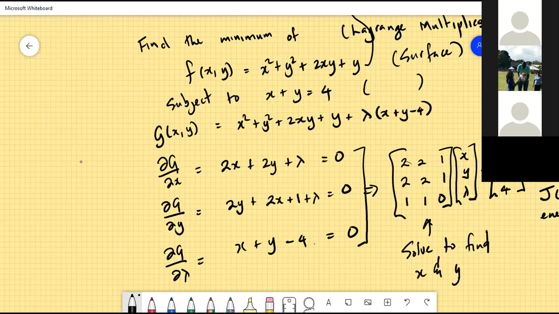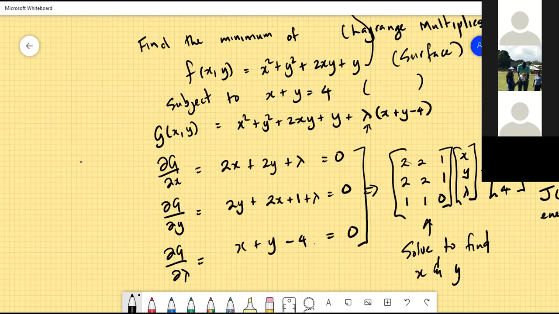All right, so the whole process is the same as when you're doing single-variable calculus, but you put in the constraint, differentiate, make it equal to 0, and then solve for x, y, and lambda.